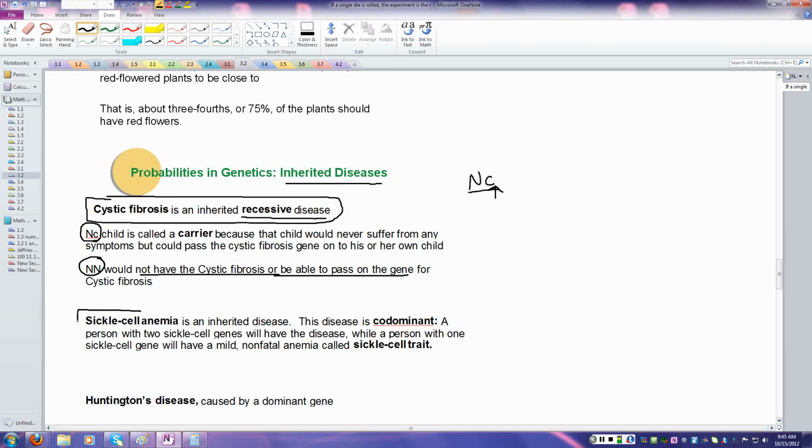Sickle cell anemia is codominant, meaning a person with 2 sickle cell genes has the disease. So if we look at sickle cell, having one would make you a carrier. If you have 2 of them, you have sickle cell anemia. So you have the disease.